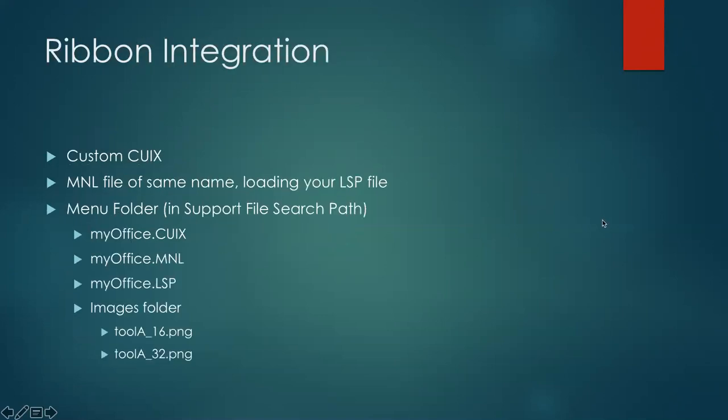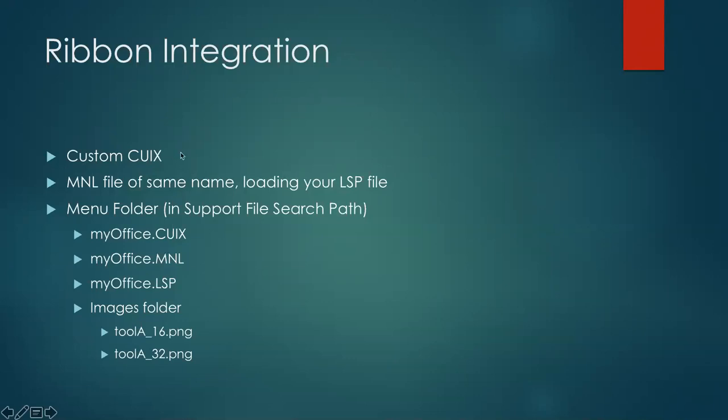But like I said, we have to divert for just a moment regarding the ribbon. I want to show this because from this point out, we want the ease of having a ribbon with all of my custom code and custom buttons. So here are the real basics to doing it. All of your AutoLISP customization should be organized in this fashion.